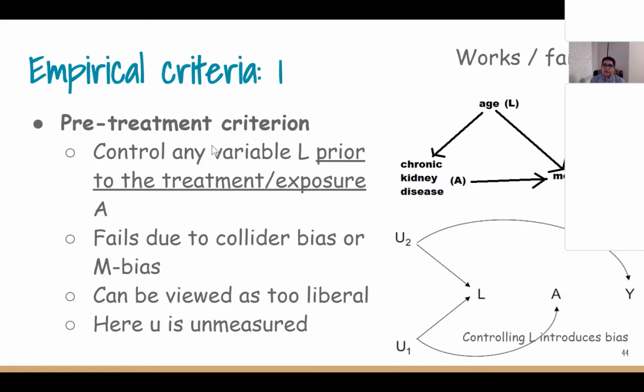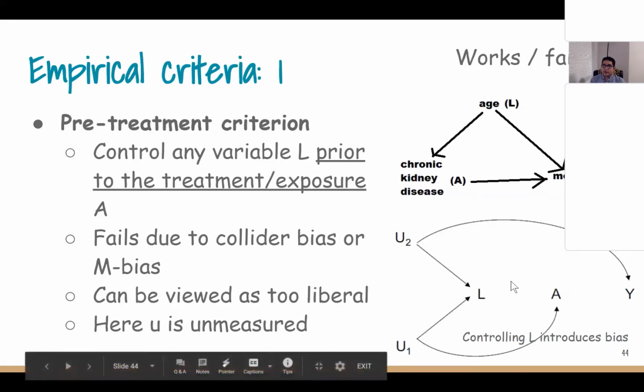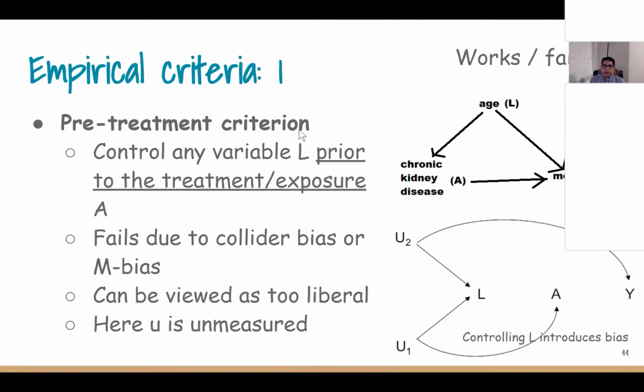But if you are simply using this pre-treatment criterion, just because this L variable was measured before your treatment variable, you would attempt to control for that variable. But according to this DAG, this would be problematic, right? So obviously this pre-treatment criterion is probably not the best criterion to use.